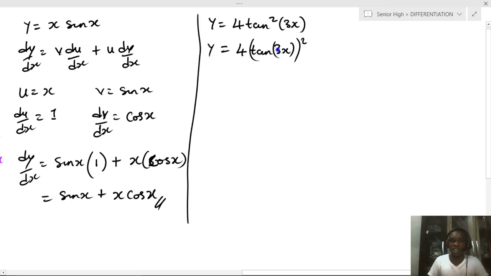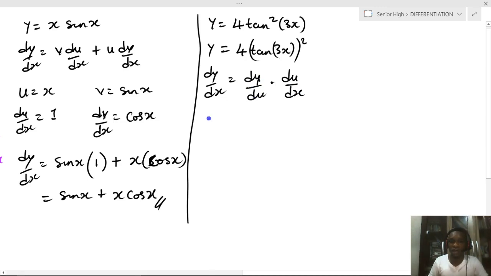Now, this particular case tells us to apply what rule? Our chain rule, right? Because we are seeing a power outside. Therefore, we know that our dy dx for chain rule is going to give us dy du multiplying du dx. So the next thing we have to bring out is our u in reference to y.